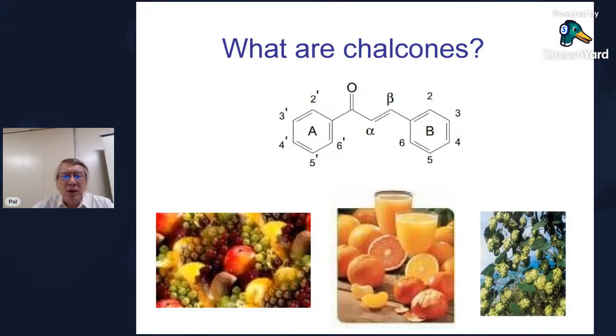Let's start with the chalcones structure again, recalling that these natural products and their synthetic analogs are composed of three structural units: two aromatic rings noted as A and B, and an enone linker, a 3-carbon linker with a conjugated carbonyl and a carbon-carbon double bond.